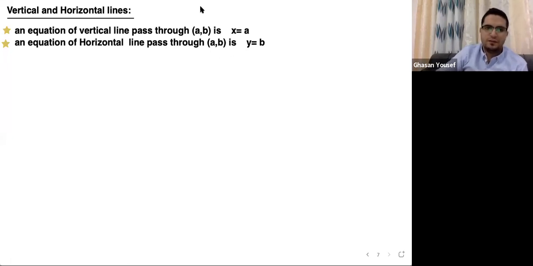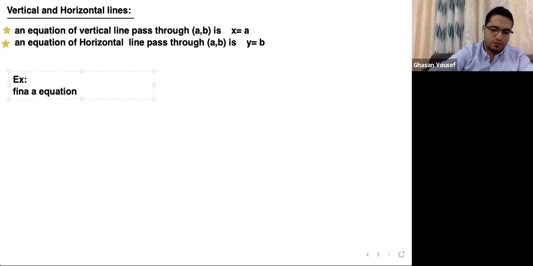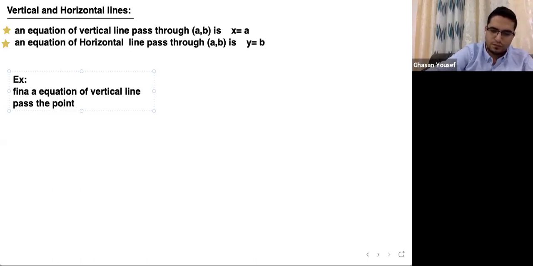So I'm going to give an example for this. Example: find an equation of a vertical line passing the point (3, 5).